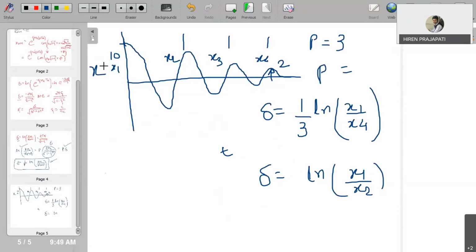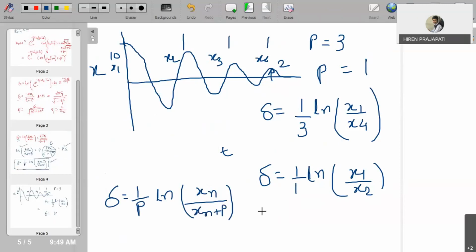So if you take the ratio of x1 to x2, then only one cycle is covered, so I need to consider 1 in that case. So it's 1 by 1 like that. So this is the general equation actually. Delta is equal to 1 by P ln xn by xn plus P.